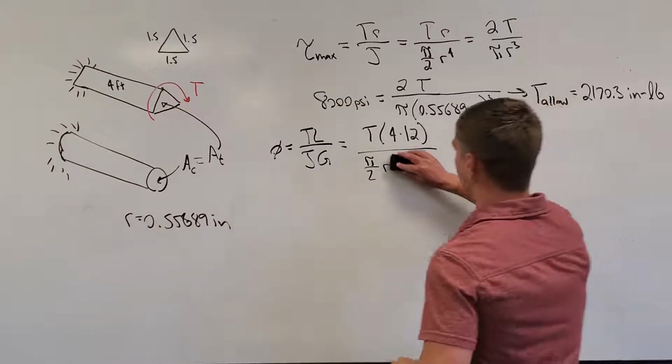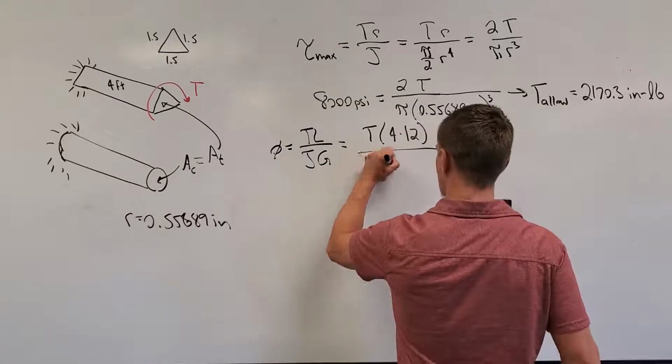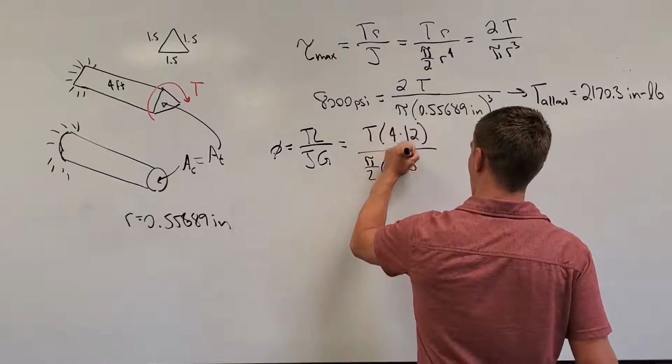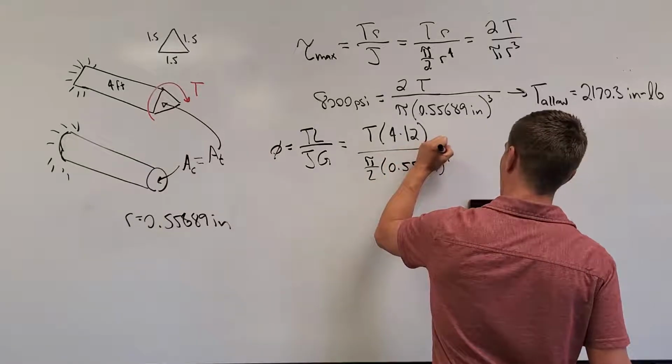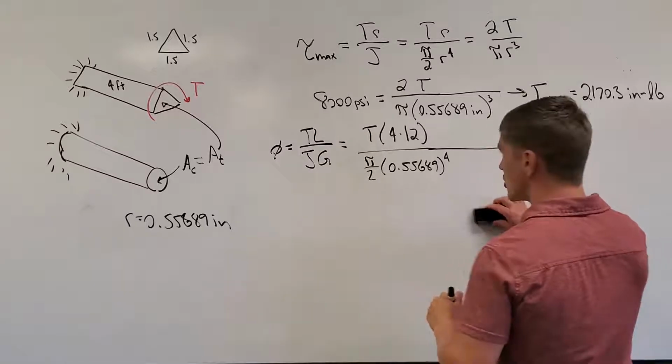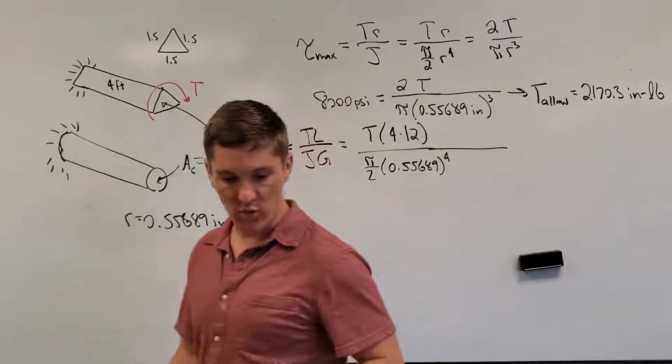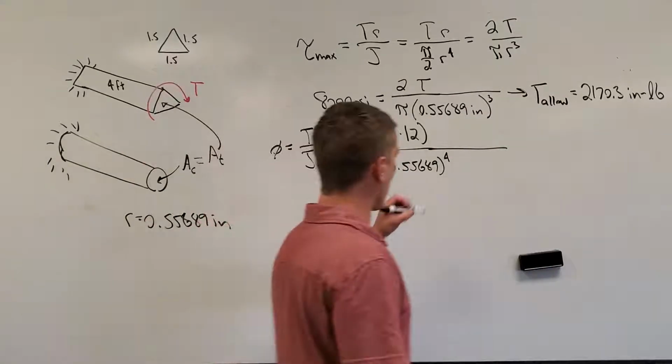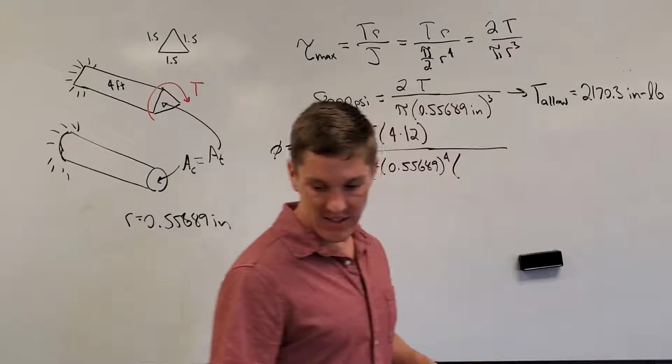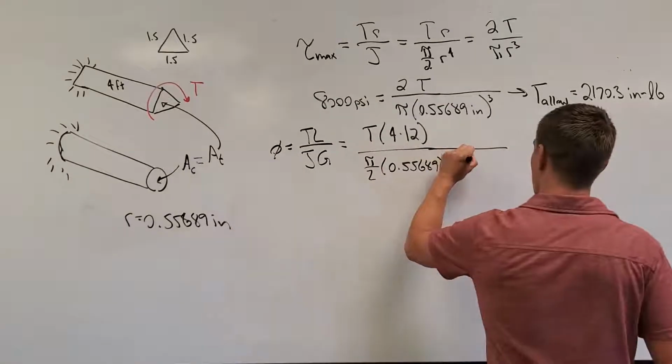R is, in fact, 0.55689 to the 4. And then we have G, and once again, the modulus of rigidity for 6061 aluminum was 3.7 times 10 to the 6 psi.